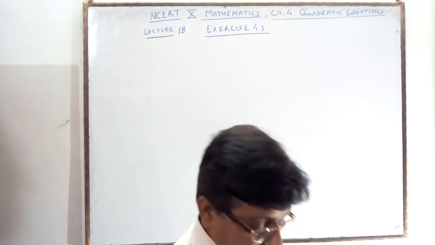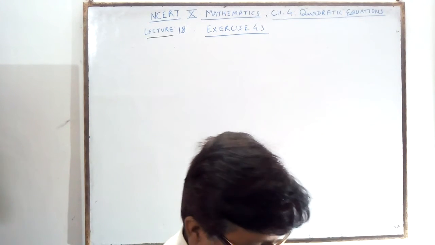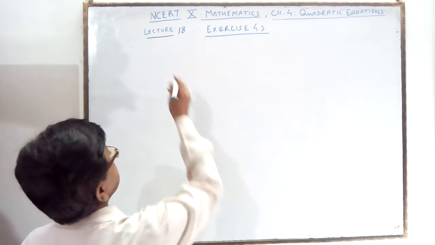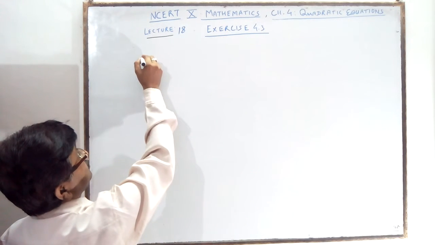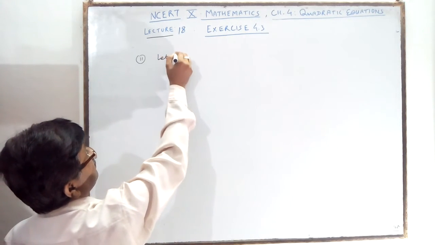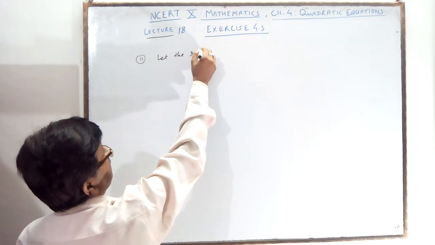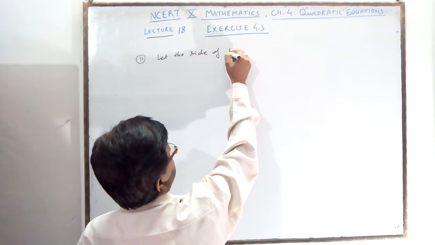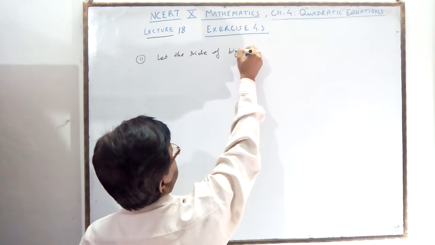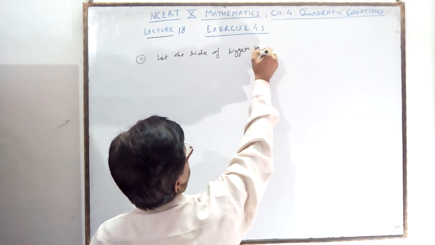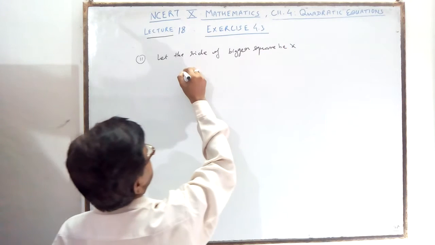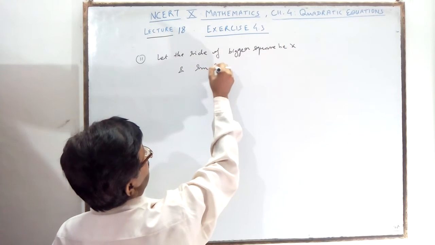So the sum of the areas of two squares is 468. Let the side of the bigger square be x and of the smaller square be y.